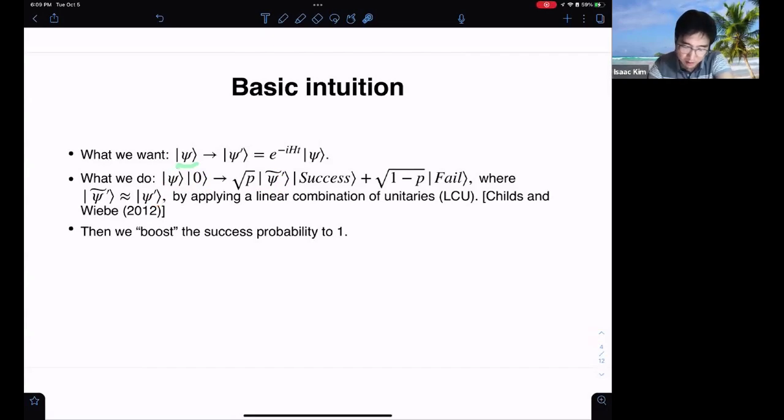Imagine they're exactly the same, but you're in a superposition of the success case and the failure case.